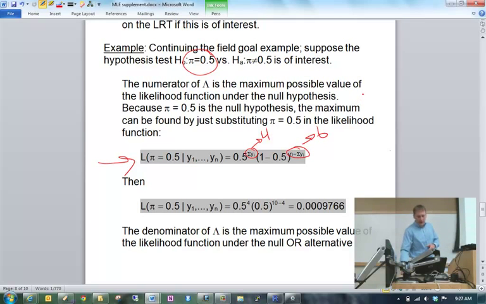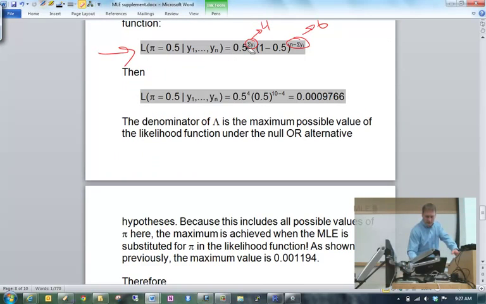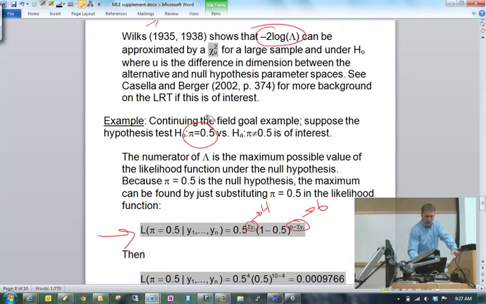Well, what's the denominator then? The maximum possible value of the denominator, assuming either H0 or HA is true. So what's the possible range for pi then? What's my restriction on pi? 0 to 1. Okay, well that's, any kind of probability, that's the restriction. So essentially I don't have any restrictions at all on pi if H0 or HA is true.